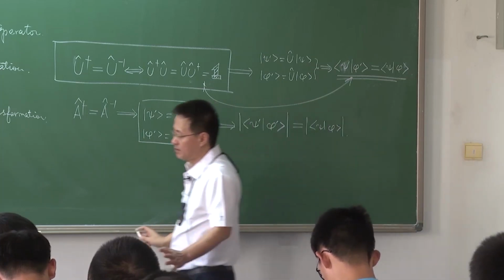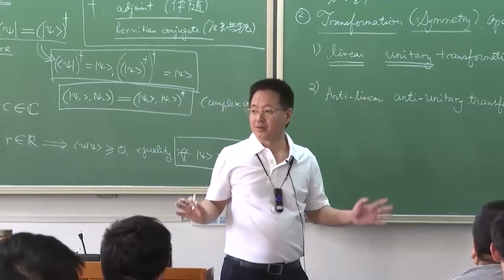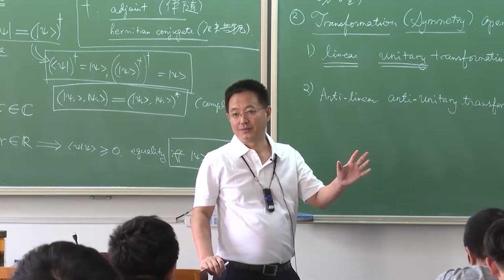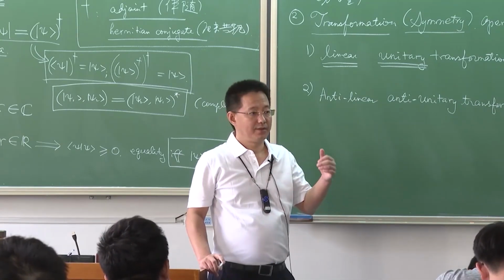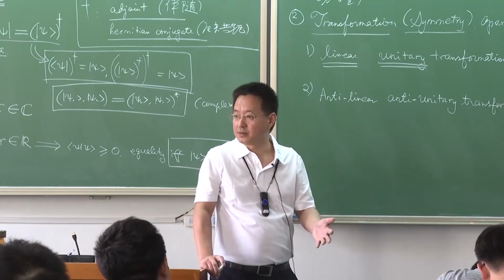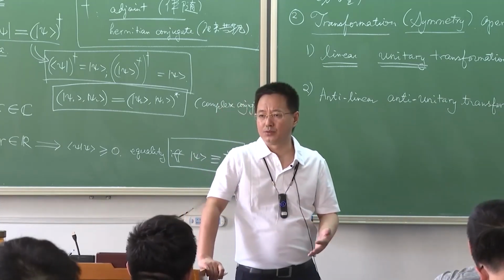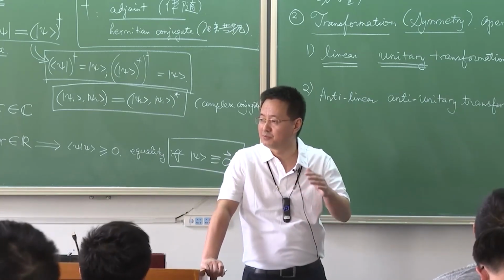So all of the operators in quantum mechanics are only of two kinds. One is observable. What is observable? You have the Hermitian operators, the position, the momentum, the angular momentum, the parity, and some physical quantities that you like to measure.